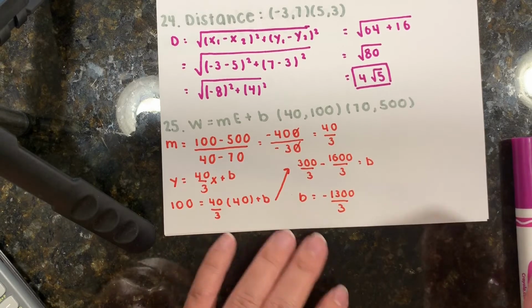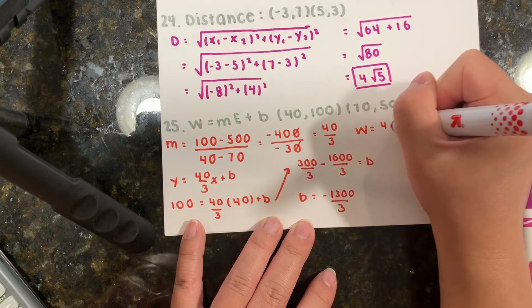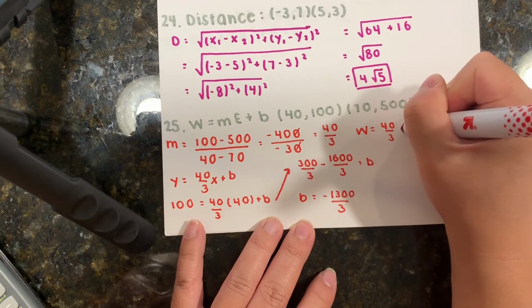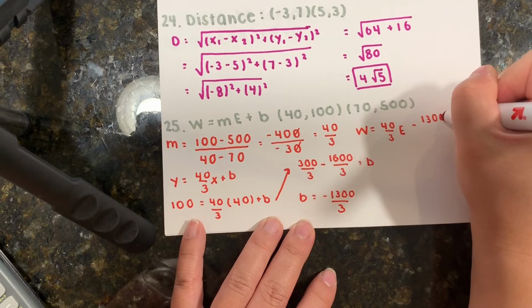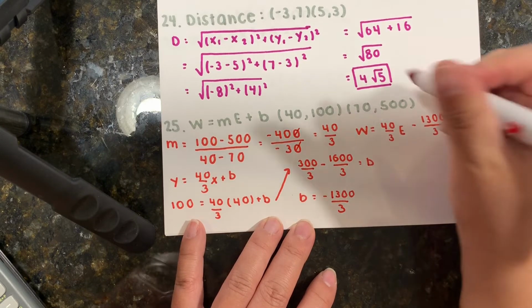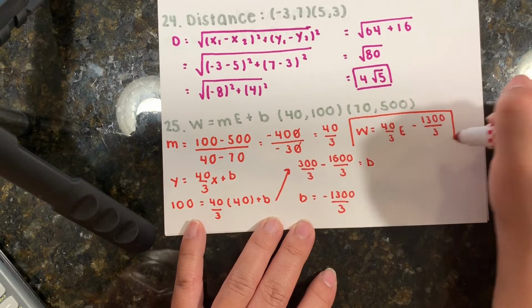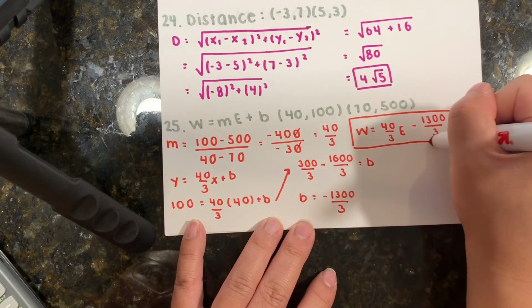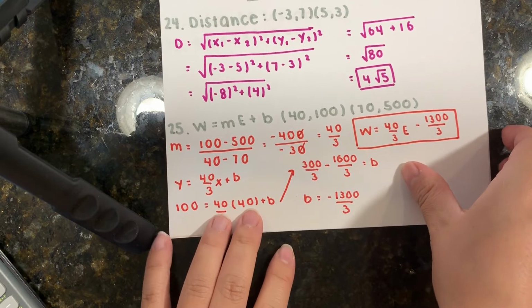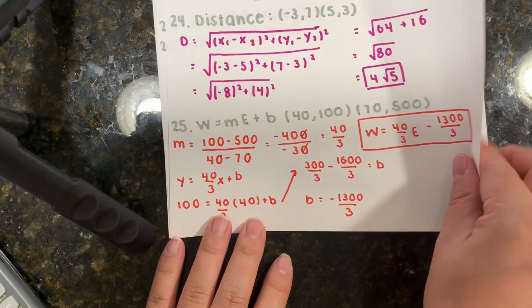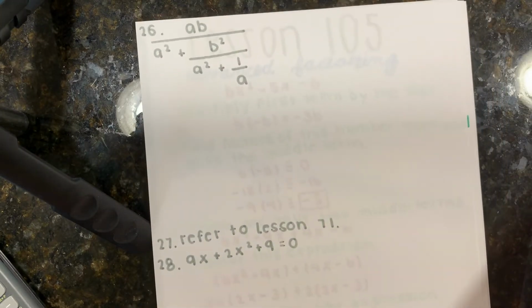So your answer is going to be w equals 40 over 3 x minus 1300 over 3. For number 25. Okay, now looking at number 26.